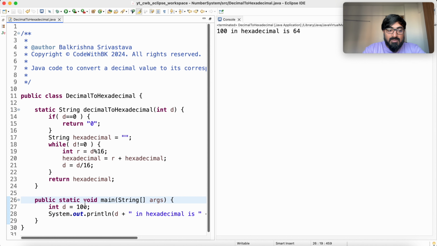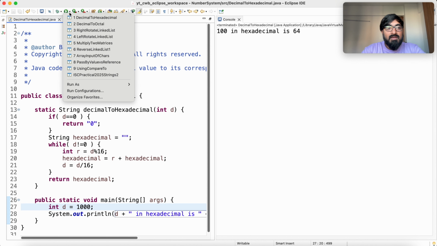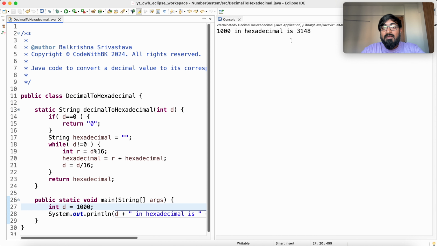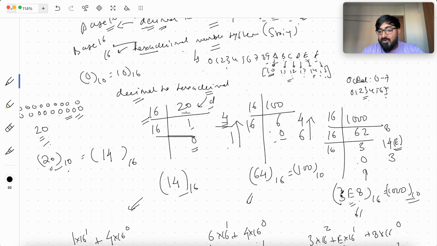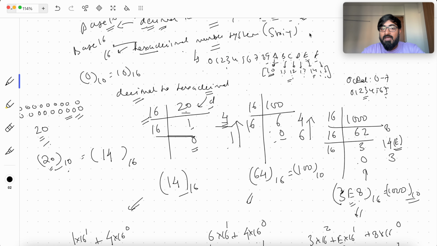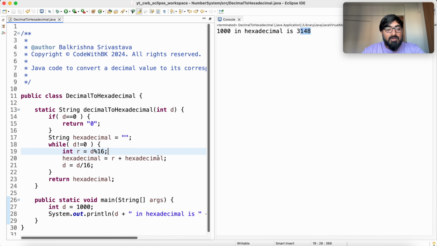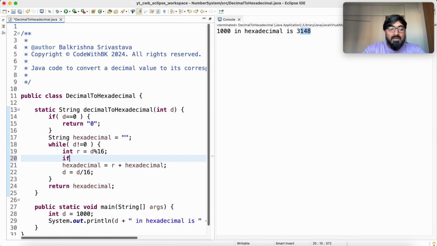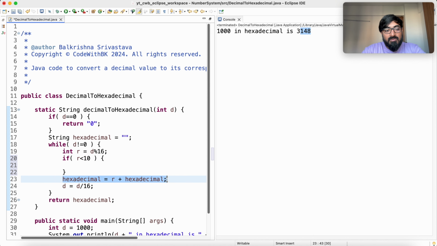Then let's do it with 1000. 1000 should come out to be 3e8. But we are getting 3148 because we are appending 14 as it is. We need to convert 14 to e, and similarly if the remainders are 10 to 15, we need to convert them into a to f respectively. So if my remainder is less than 10, I append it as it is to hexadecimal.